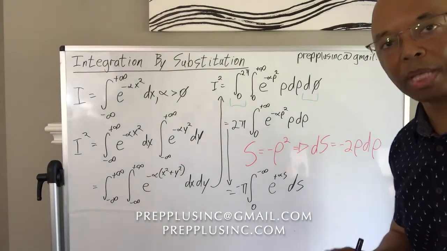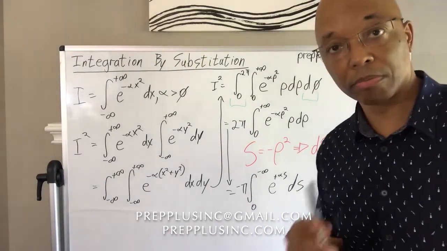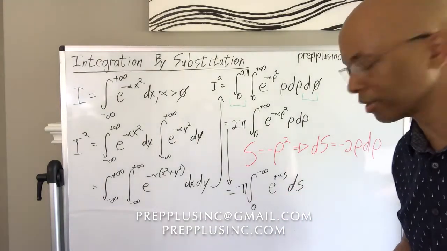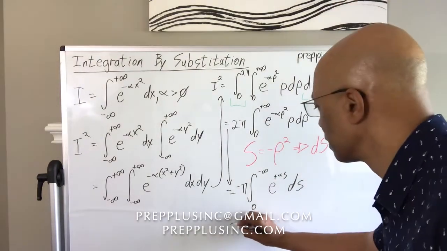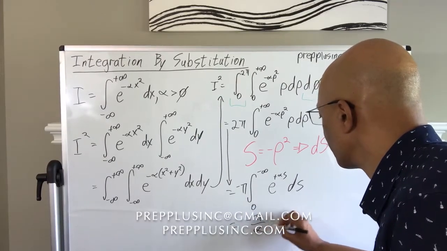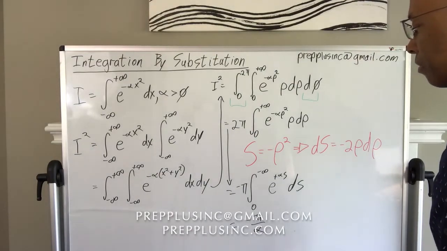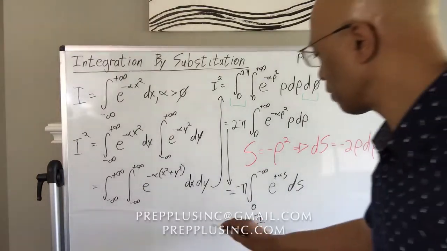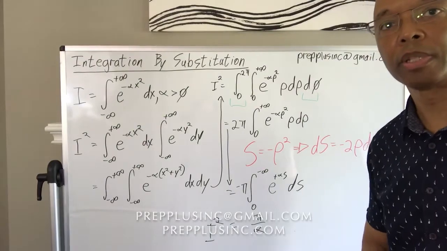Okay, maybe we're getting somewhere now. I'm pretty sure this is an elementary integral, e to the plus alpha s. That is minus pi over alpha, all right? That is pi over alpha. So I squared is pi over alpha. We're almost there.